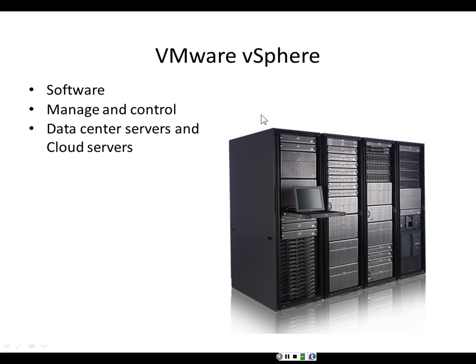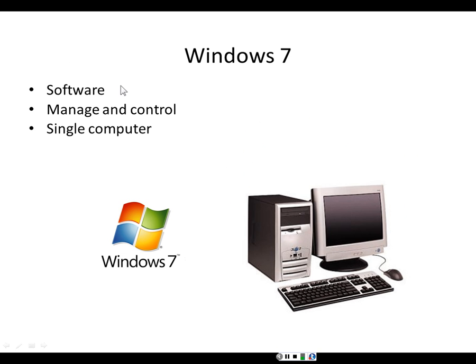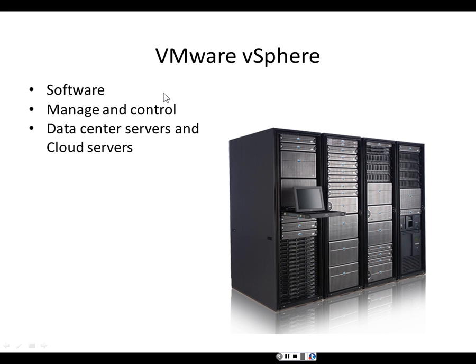Windows 7 is not a computer, it's a piece of software. It's an operating system that allows us to manage and control a single computer. Similarly, VMware vSphere is a piece of software. It is an operating system that allows us to manage and control large data center servers and cloud servers.